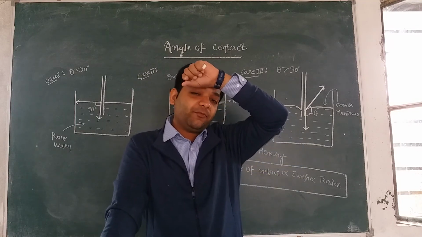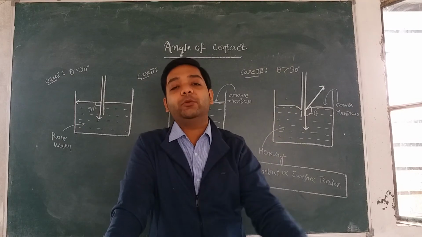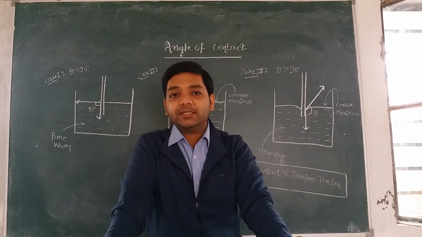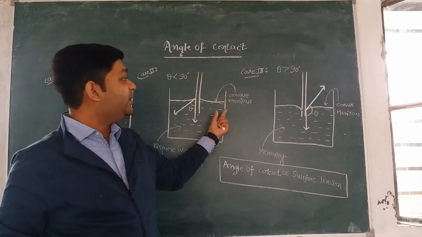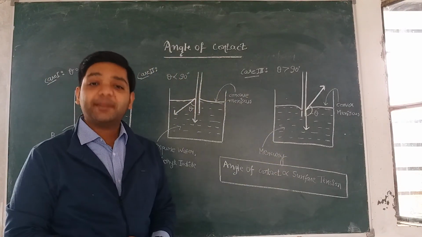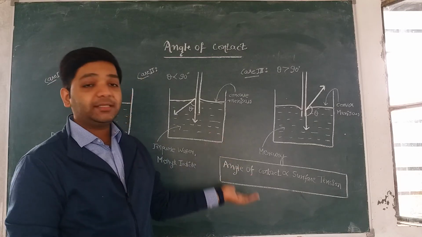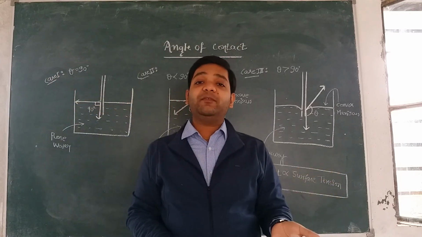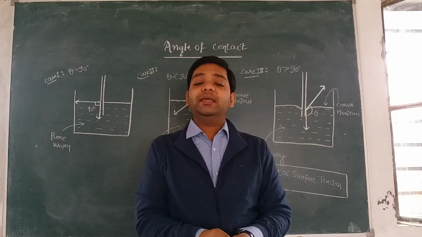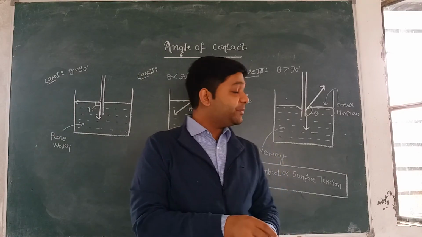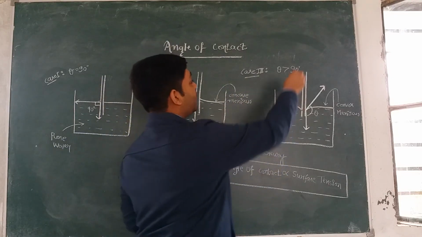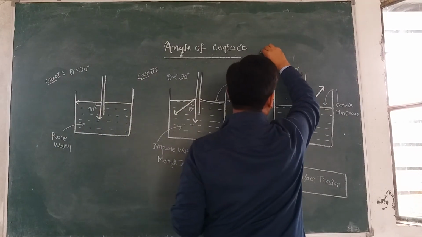The attraction force between similar types of molecules of a substance is called cohesive force, and the force between dissimilar or different types of molecules is called adhesive force, right? And this forms the reason behind this phenomenon.